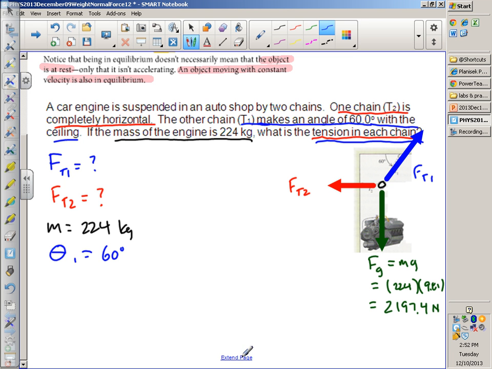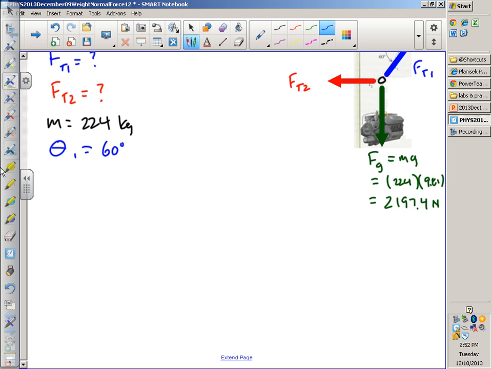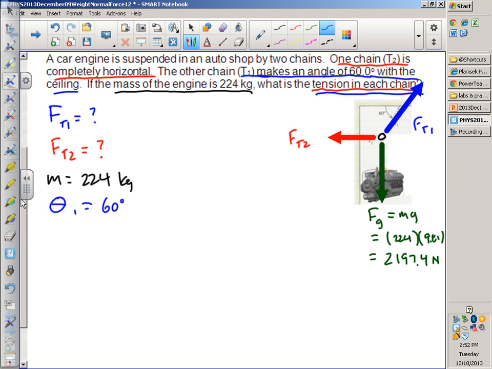So real quick, before the bell rings here, okay? First, is this engine moving? Is it accelerating as it hangs here? Meaning that we would say that this object is in equilibrium. And we just learned that equilibrium means net force has to be equal to 0, right?